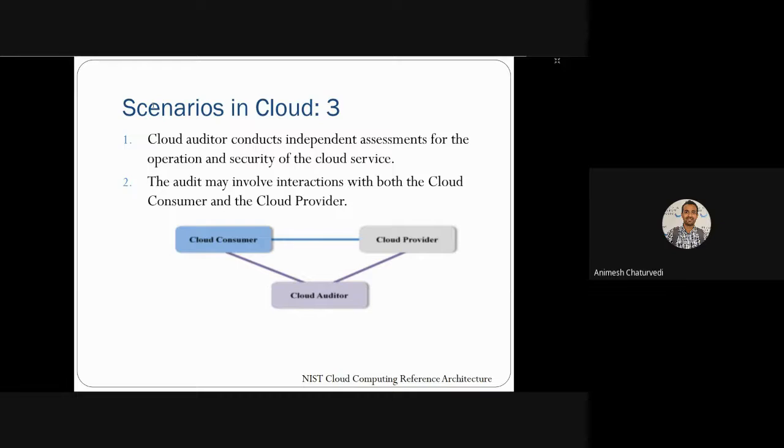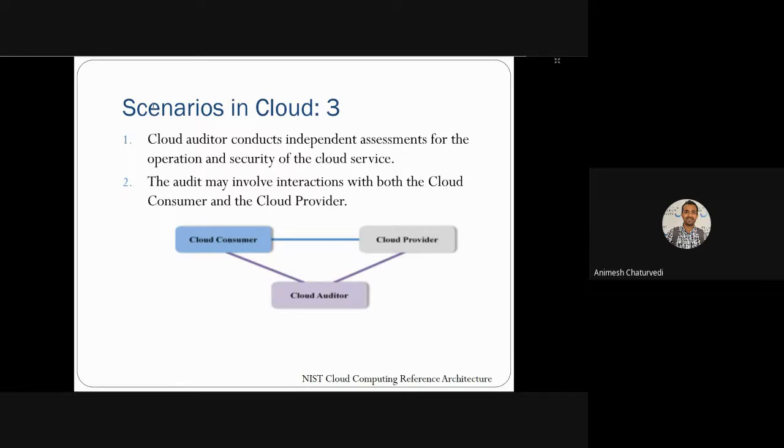Then the third scenario could be like this: the cloud auditor conducts an independent assessment of the operations and security of cloud services. Auditing may involve interaction with the cloud consumer and cloud provider. So the cloud auditor conducts assessment, meaning measurement of performance, operation, and security of cloud services.